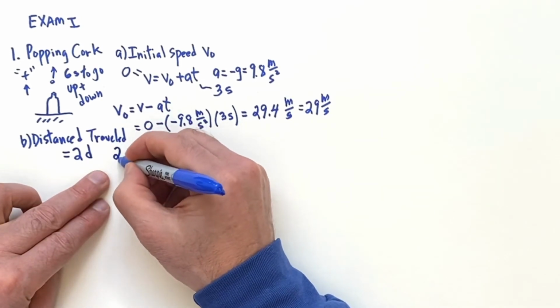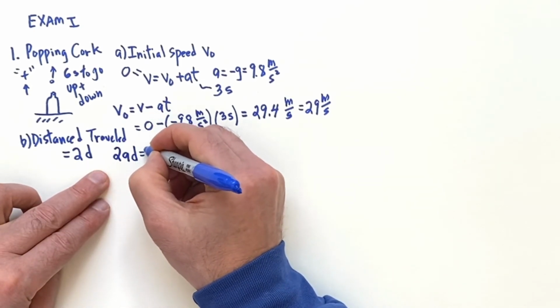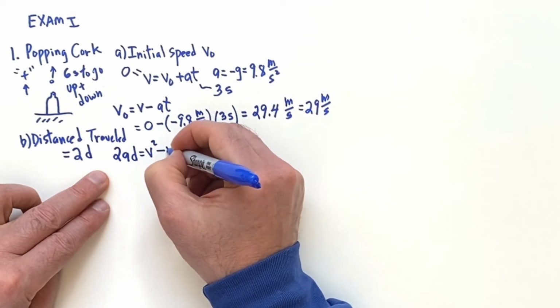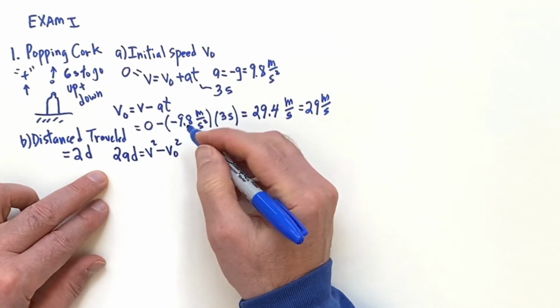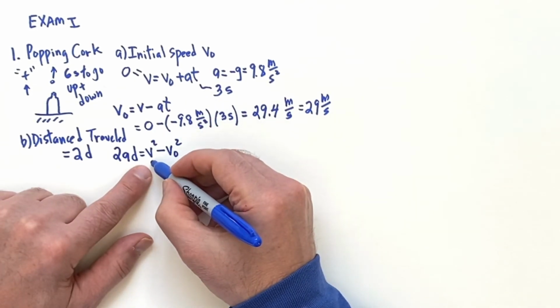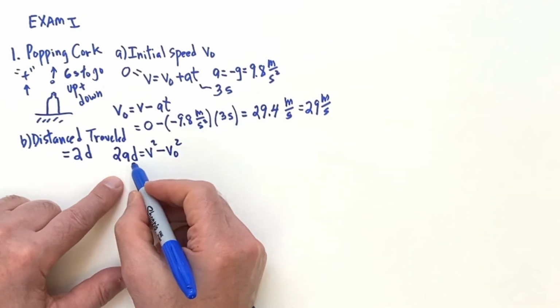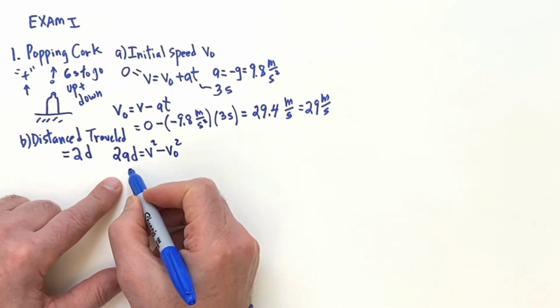I will use this equation. 2AD is V squared minus V naught squared. I know at the top of the trip you're going to have 0. I know A, I know V naught, so I know everything, can solve for D.